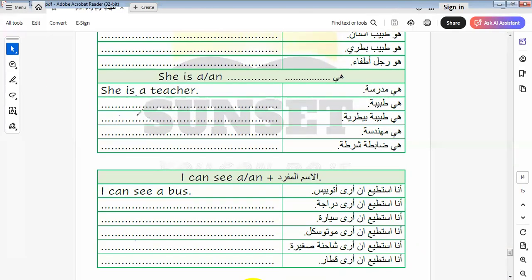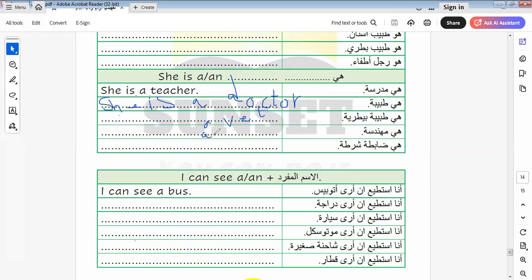Let's continue the rest of the exercise. Here we say she is a teacher. We say here she is a doctor. She's a doctor. She's what here? She's a vet.